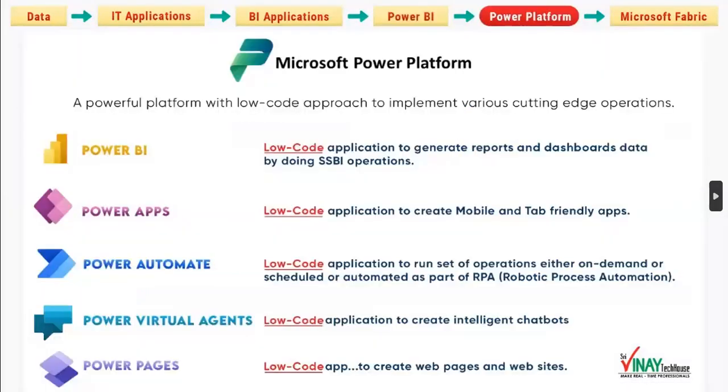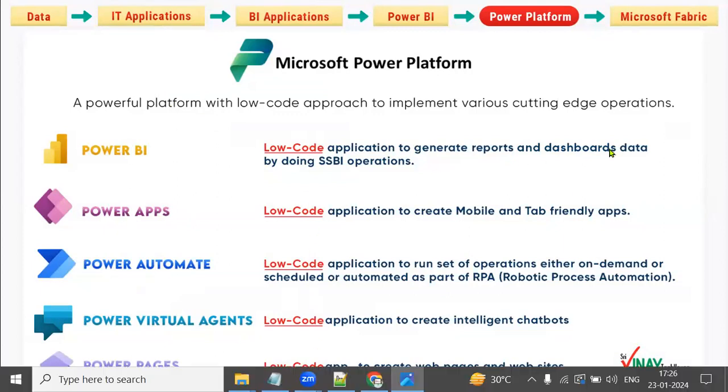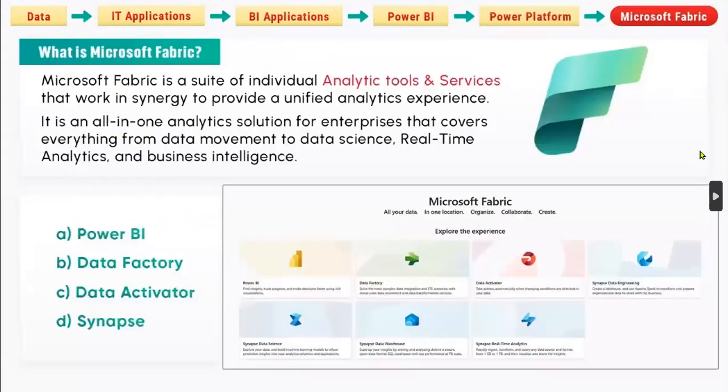And Microsoft decided to release multiple low-code components like Power BI. That is Power Platform: Power BI, Power Apps, Power Automate, Virtual Agent, Power Pages. But companies use Power BI with other components, not the Power Platform components. So Fabric was announced in July 2023.